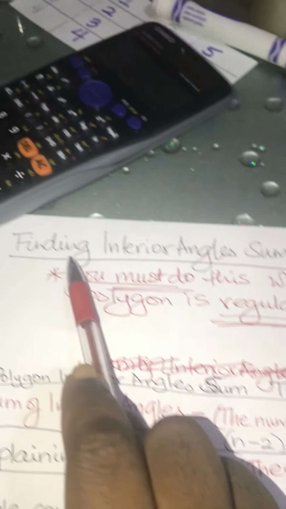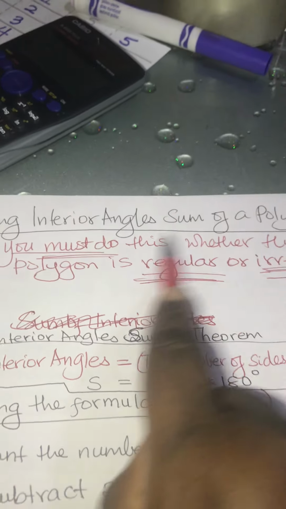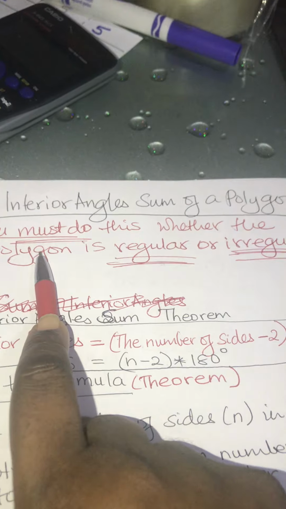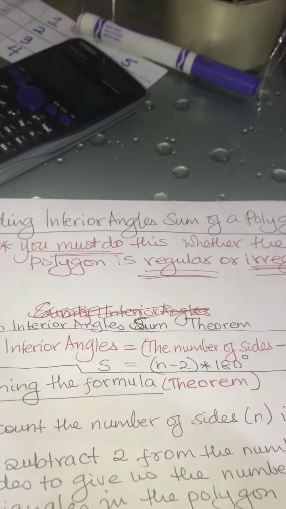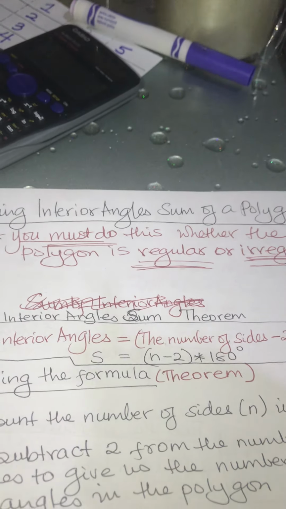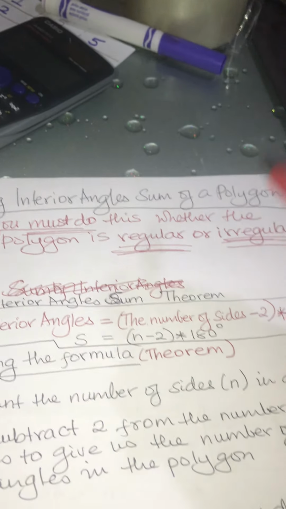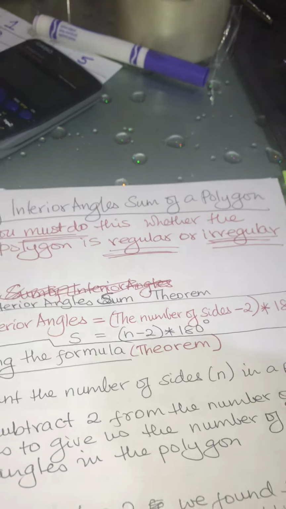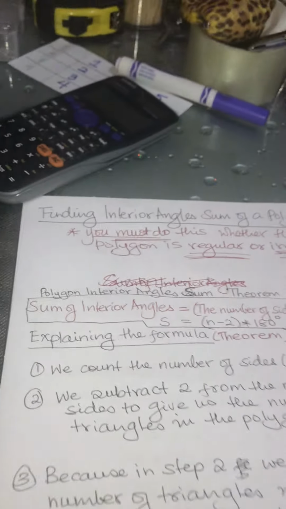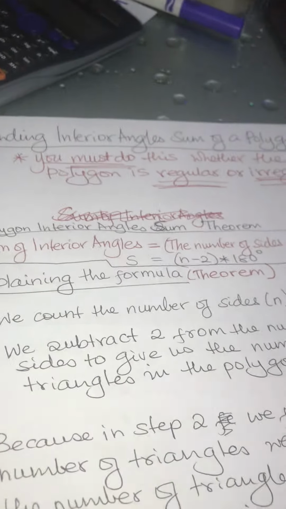Now, when you're finding the interior angle sum of a polygon, whether it is a regular or irregular polygon, you must do this. What is the sum of interior angles of this polygon?